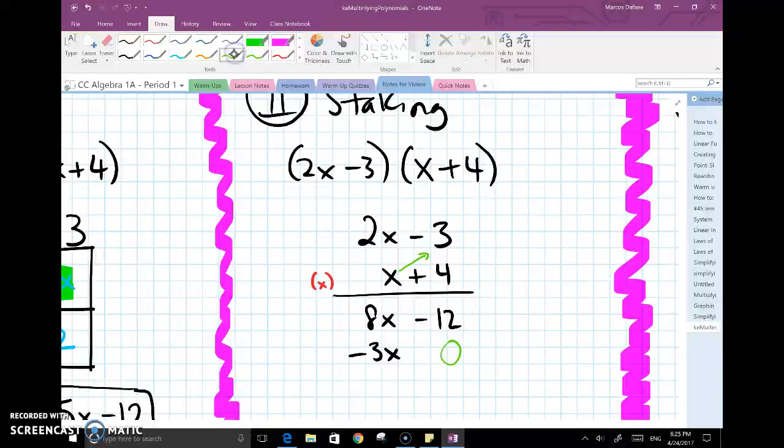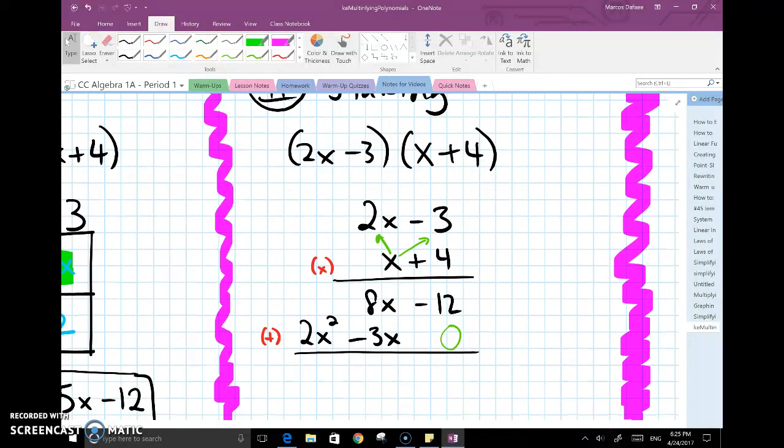Followed by x times 2x, and that would be 2x to the second power. I draw a line, and I'm going to indicate in red that now I have freedom to combine like terms. And I do this going straight down.